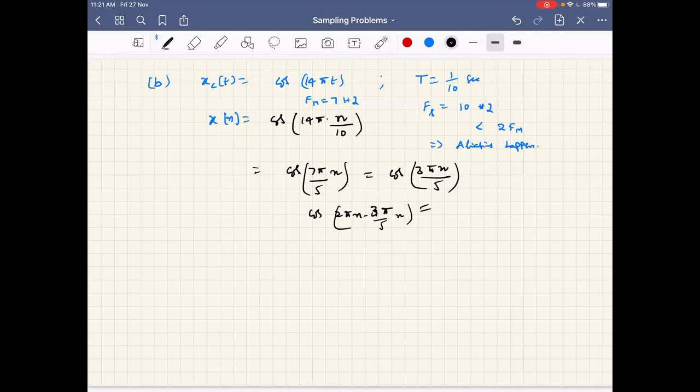So this can be written like this, and this is equal to this. The 2 pi n you can knock off, because cos of 2 pi minus theta is the same as cos theta. So you can see that this is cos of 3 pi n by 5.